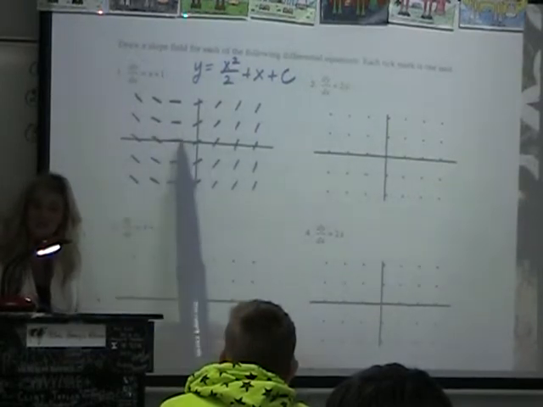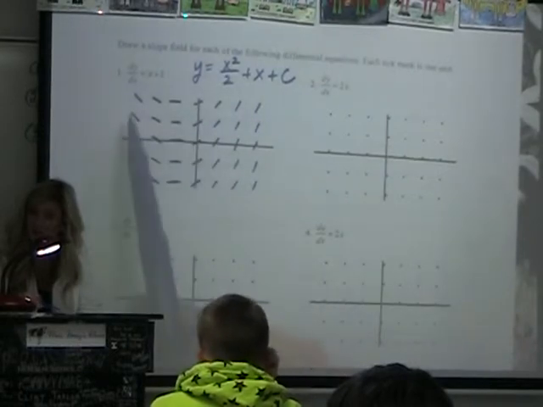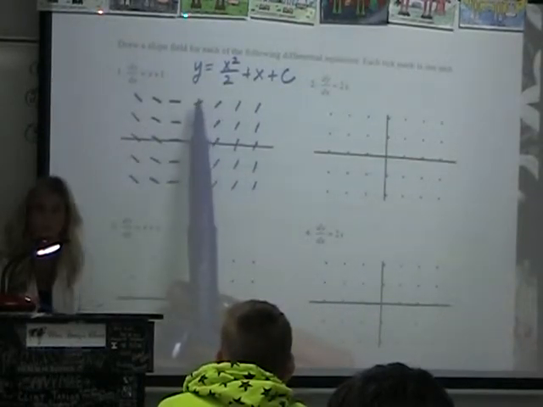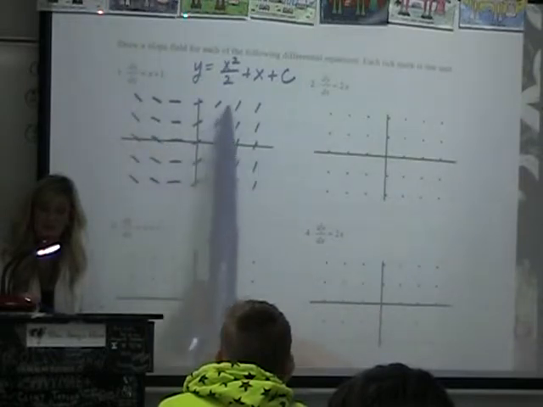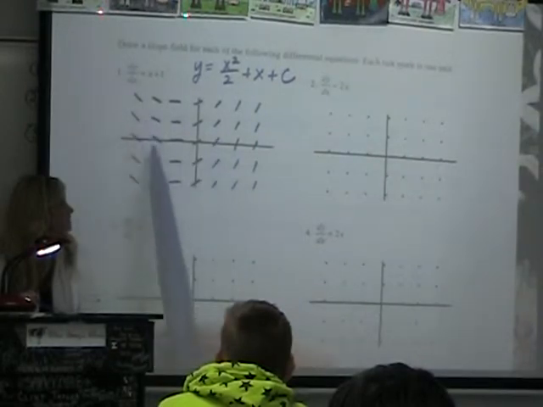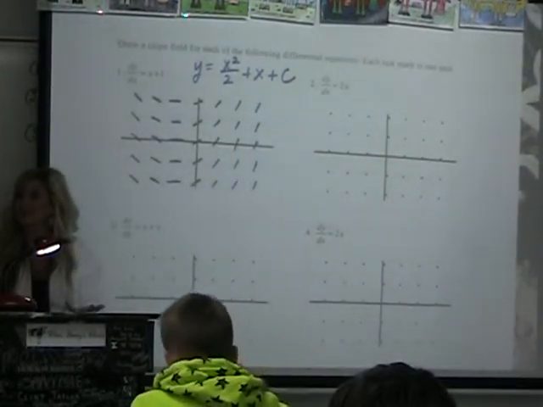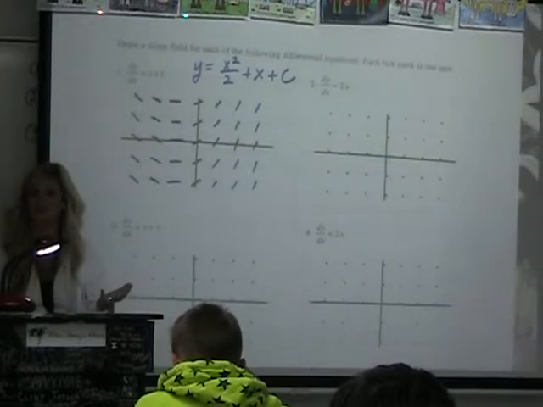So can you see how this could look like a parabola with vertex at -1? This would be one of the graphs, and if you shifted it, you could get another graph. Depending on what c is, that's where the parabola would be placed on that slope field. Just trying to give you an idea of the big picture.